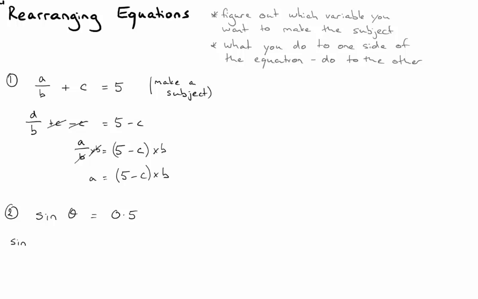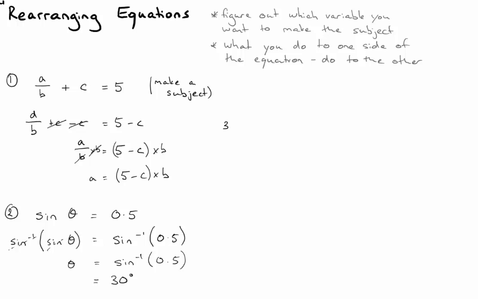We need to operate on that with an inverse sine, inverse sine of that whole thing. But we need to do it to both sides of the equation. This essentially cancels, so we're left with theta is the inverse sine of 0.5. And if you put that into your calculator, you'd find that would be 30 degrees.